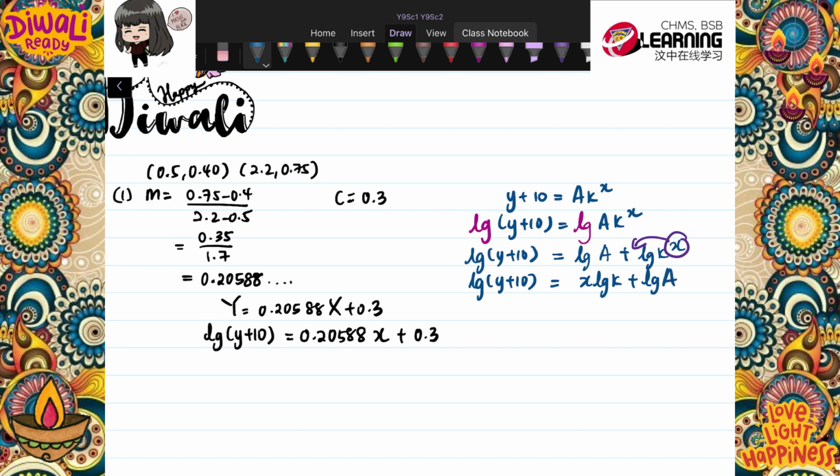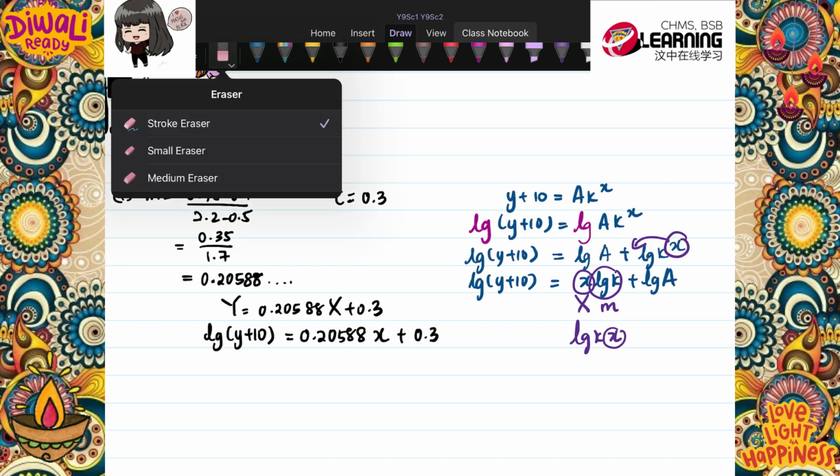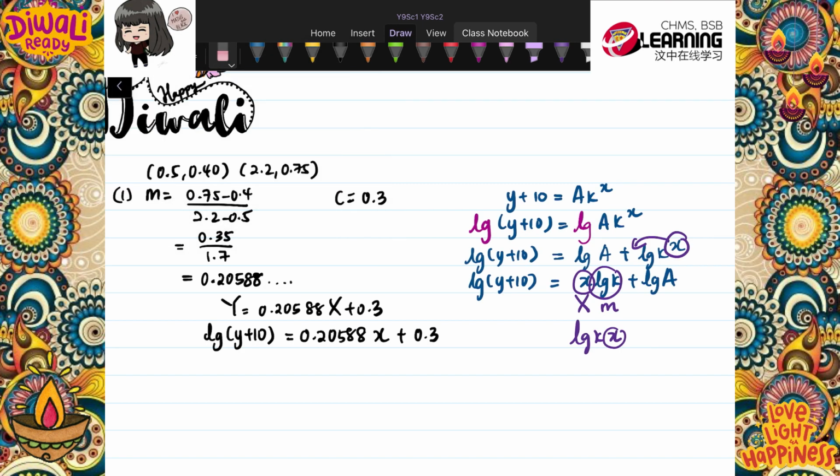Alright, so now this x and log k, this is my m, this is my big X, okay? You don't write log kx like this, because if you write x in here, it means that you are trying to say the x times with the k. It's not x times with the k. It's supposed to be x times with the kx. So basically, it's like this.